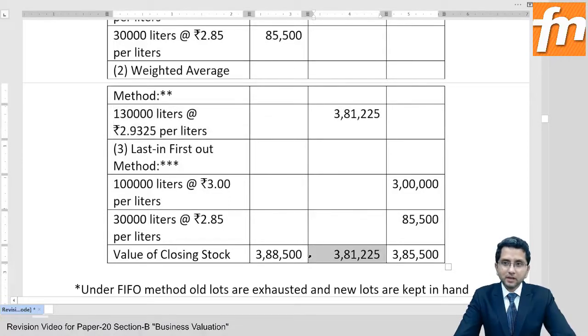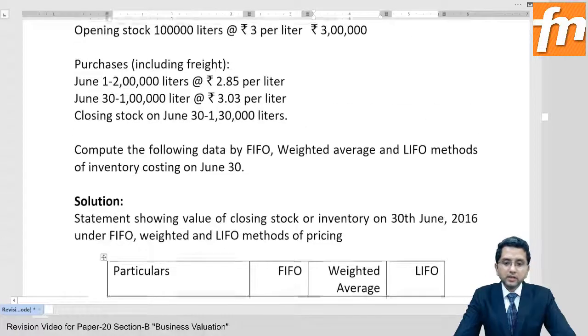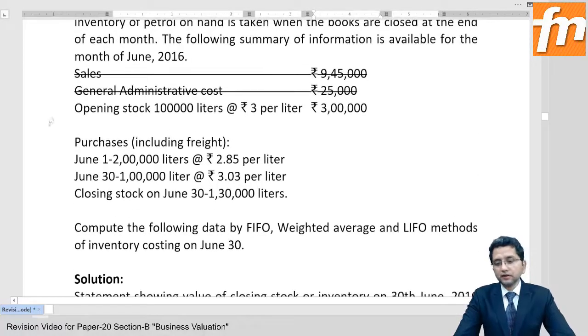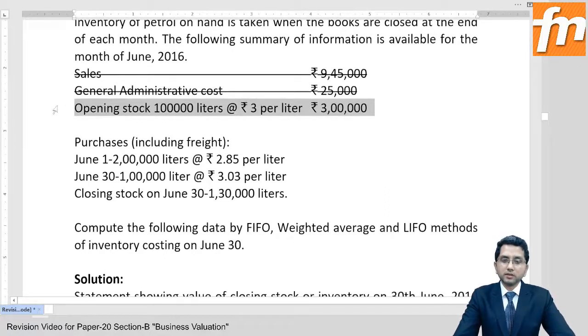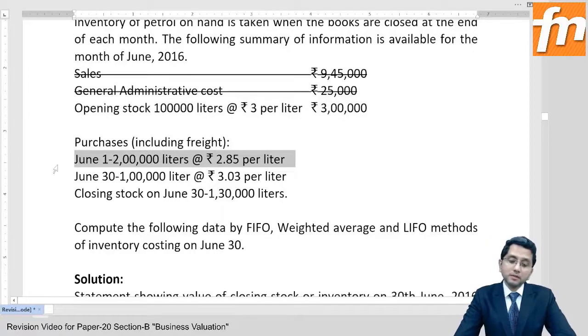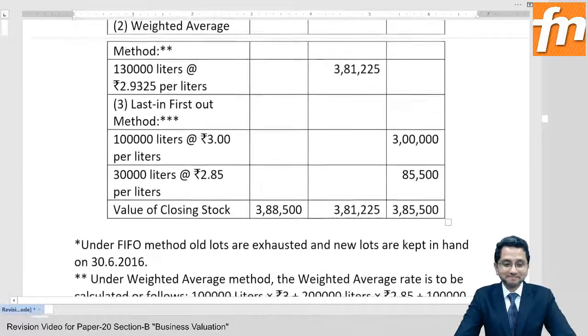3,81,225. If you are following LIFO, last in, first out, then the first 1 lakh unit should be in your stock at 3 lakh rupees. And 30,000 units should come from this purchase of 2.85.